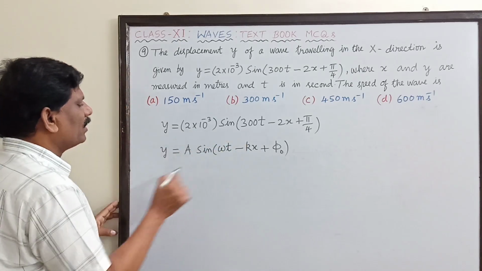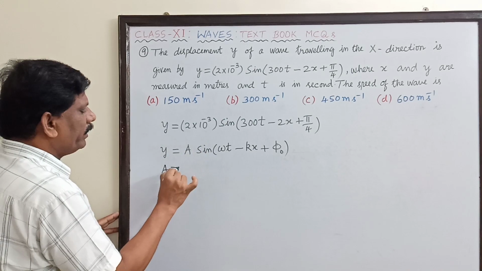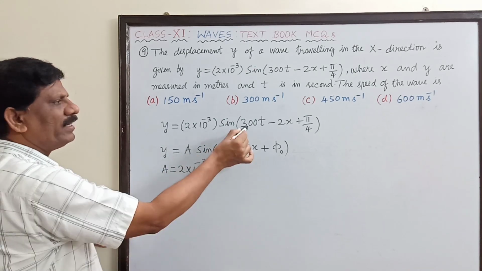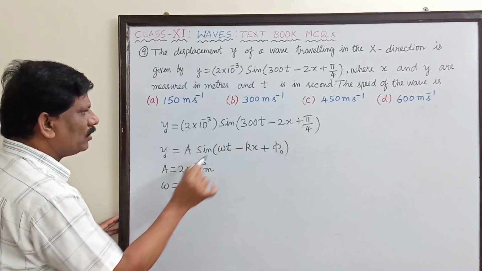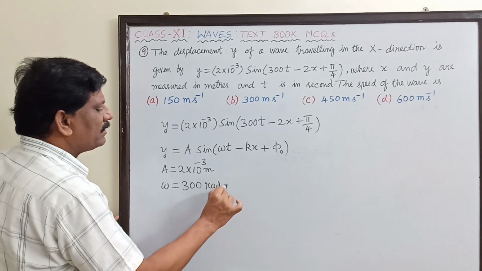So what are the given quantities here? Amplitude is equal to 2 into 10 power minus 3 meter. Then what is omega? Omega is equal to 300 radian per second.